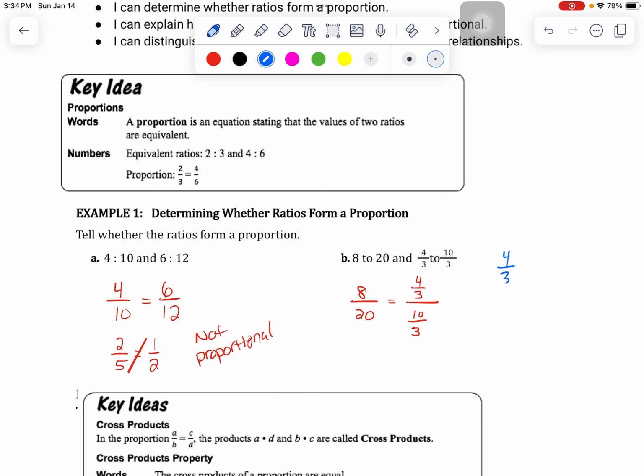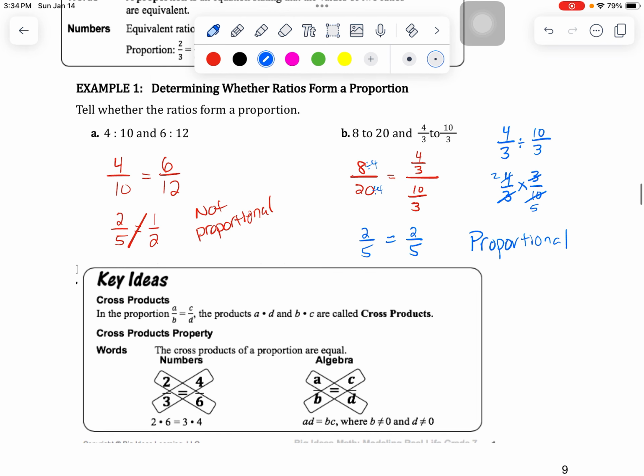So 4/3 divided by 10/3, I'm going to do keep, change, flip. Those 3's can cancel. 4 can become a 2. A 10 can become a 5. That would simplify to 2/5. Here I could divide by 4 and divide by 4, which would also be 2/5. So these are, in fact, proportional.